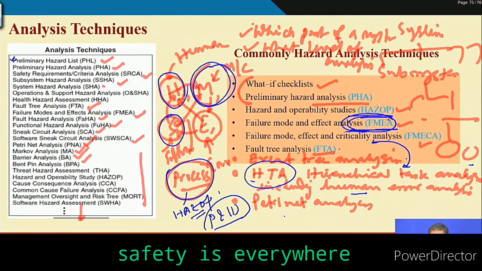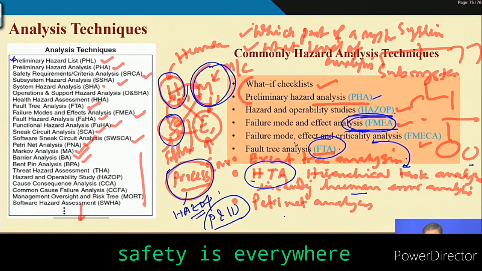Suppose you have done the PHA, HAZOP, FMEA at the system or subsystem level, and you found the top level accidents that can happen from this analysis, and you want to dig further down to the root cause level, fault tree analysis will give you wonderful results.